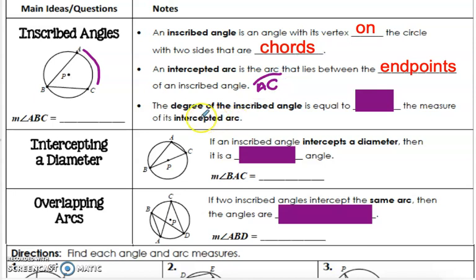Now, there's a special relationship between an inscribed angle and its intercepted arc. The degree of the angle is equal to half the measure of the arc.